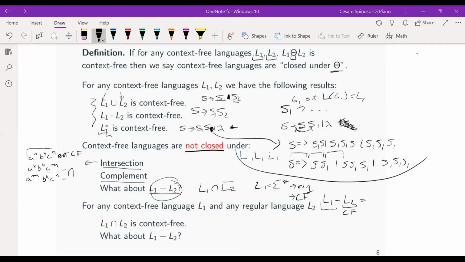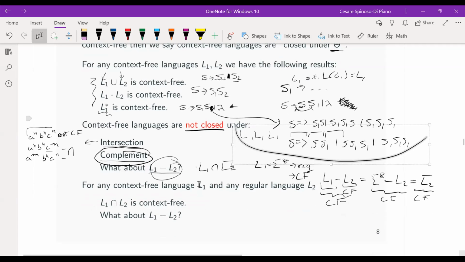Then L1 minus L2 is sigma star minus L2, which is just L2 complement. So if we assume closure under difference, that would mean the complement is context-free, which would mean all context-free languages are closed under complement, but that would be a contradiction because of this. So that's a quick reason why that's not true.